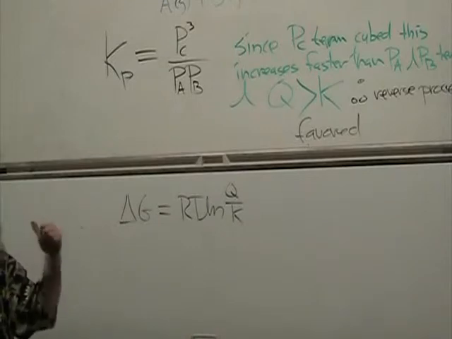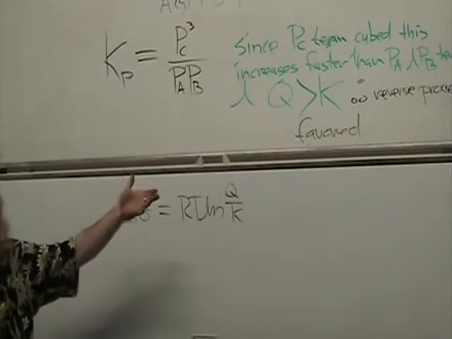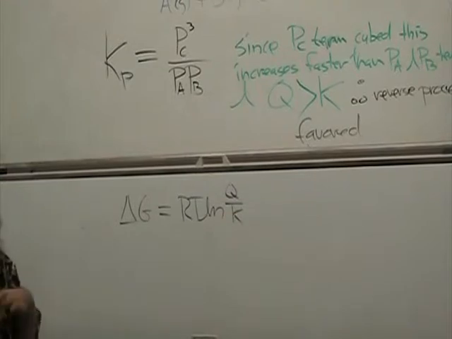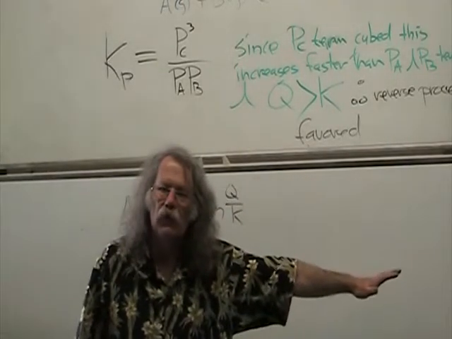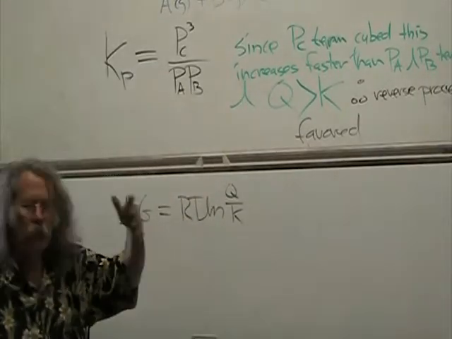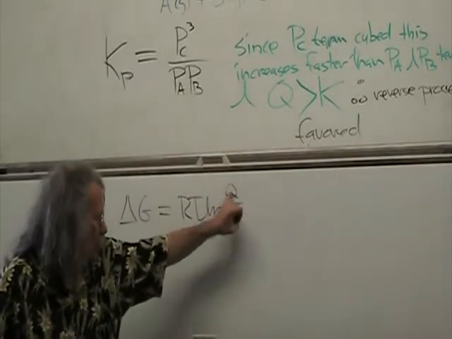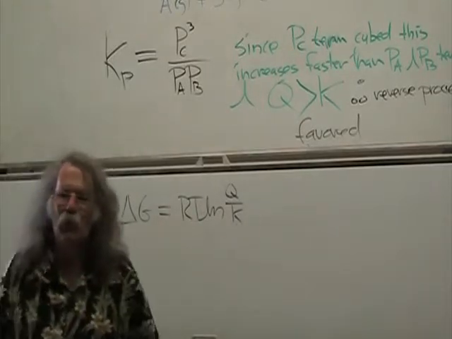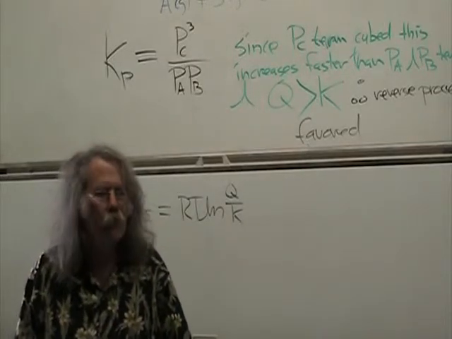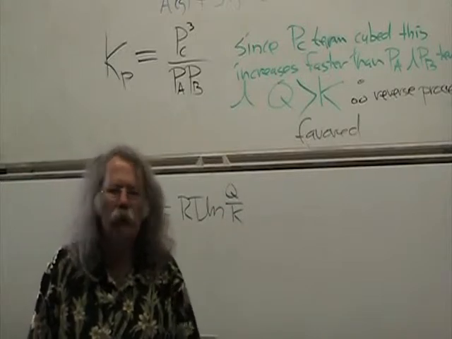So the reverse process is spontaneous. That's what I meant when I said it's favored. Whereas if Q was less than K, this is negative, the forward process is favored. And if Q is equal to K, this is 1, and the log of 1 is 0. We're at equilibrium.